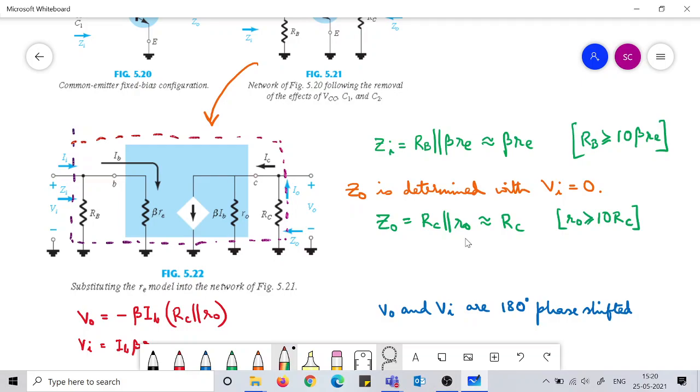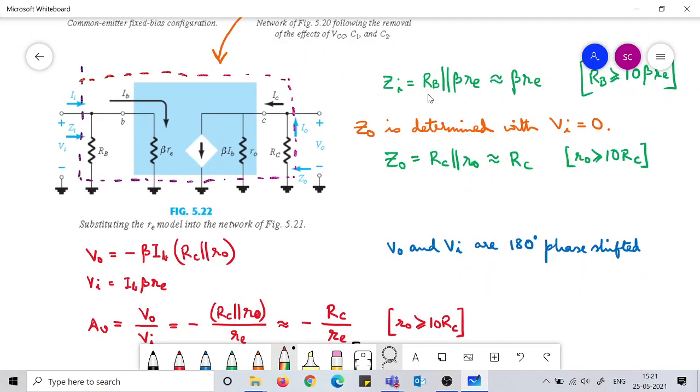Normally R0 is very high, in the range of mega ohms, so it can be taken as approximately equal to Rc. I hope this is clear, the approximations, how we are calculating the output impedance. Please remember, you have to do it on your own when you are faced with a particular example. Then you have to calculate all these, you have to employ these approximations carefully, and understand what these approximations mean.